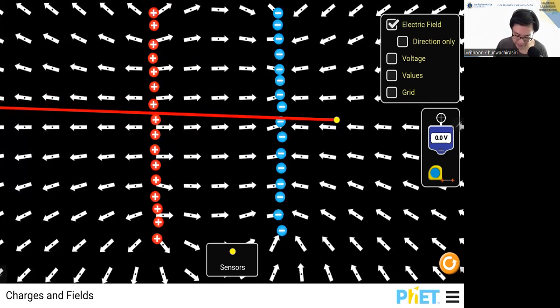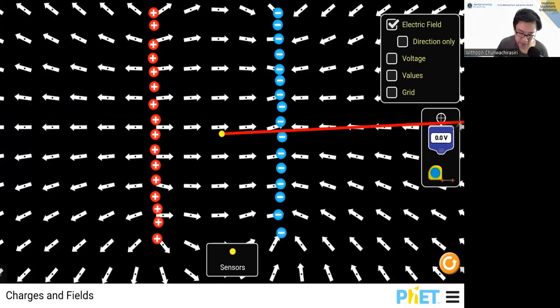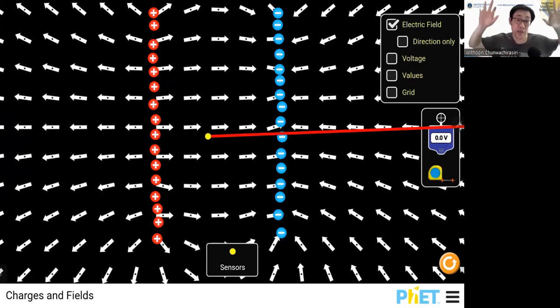Interesting. But anyway, you can see that now the electric field in between the plates is kind of straight, pointing from positive to negative. That's fine. But in theory, as long as we assume the plate is huge, and the electric field coming out of it does not depend on the distance, you're supposed to get a perfect cancellation of the electric field from both sides.